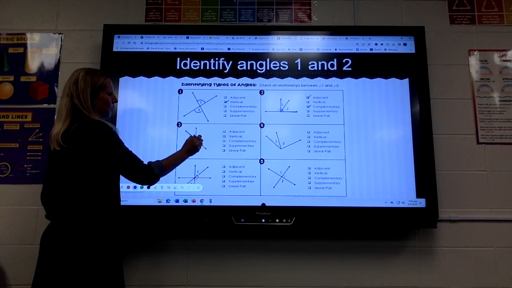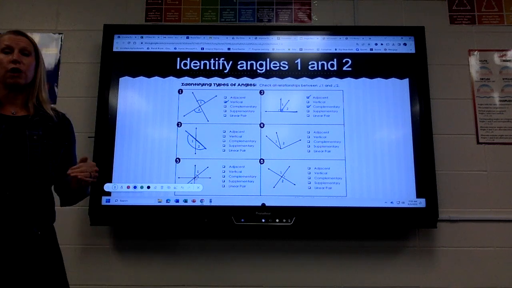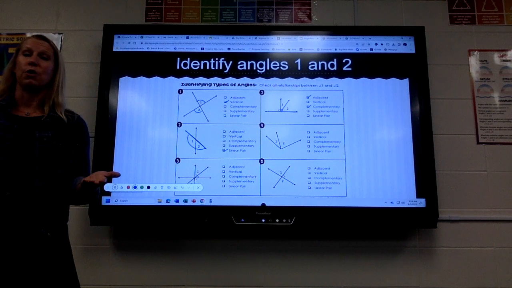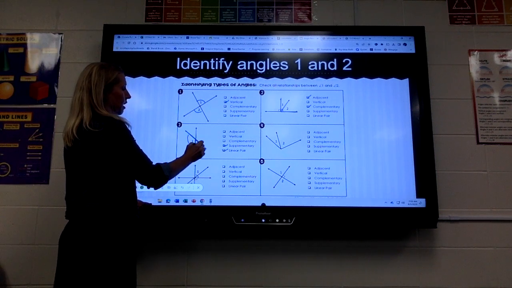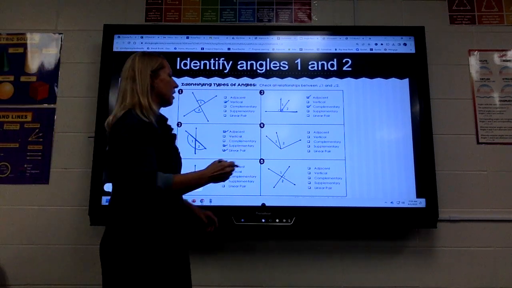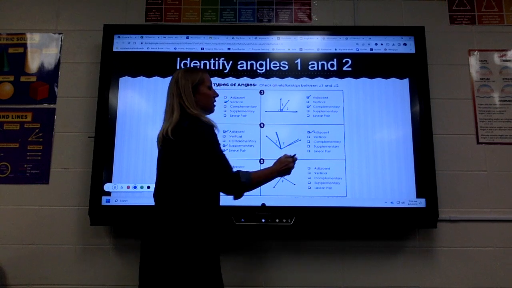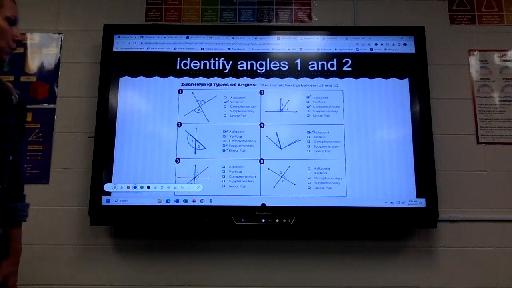These right here, angles 1 and 2, are not vertical. Those two make a straight line, so those are a linear pair. They also add to 180, so they're supplementary. They also share that side, so they are adjacent. These angles, angle 1 and angle 2, just share a side, so they're adjacent. They don't add to 90 or 180 or anything special.